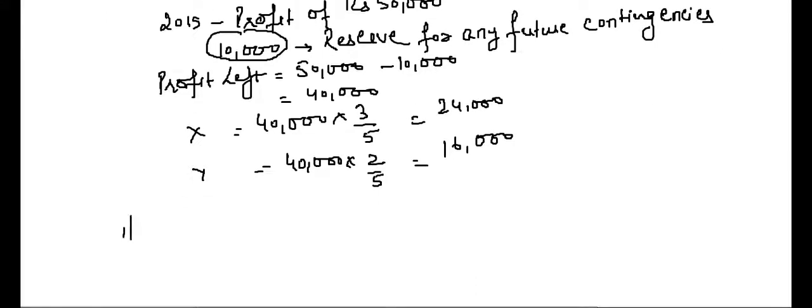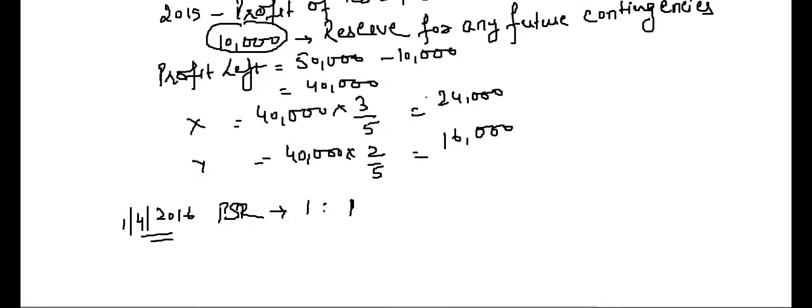Now what happened is, on 1st of April 2016, they decided to change the profit sharing ratio to 1:1. Finally, they decided that from now onwards we will share the profits in the ratio of 1:1.